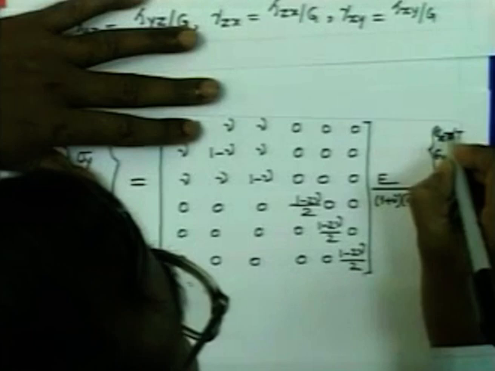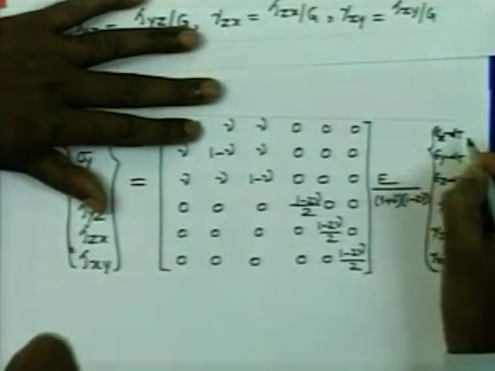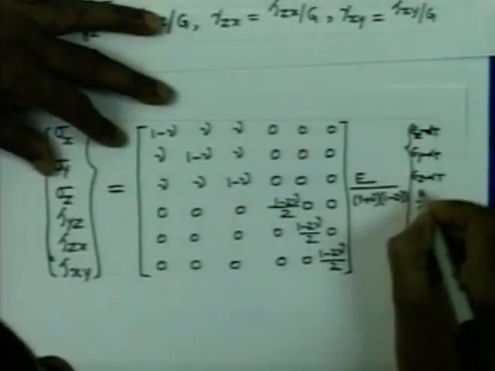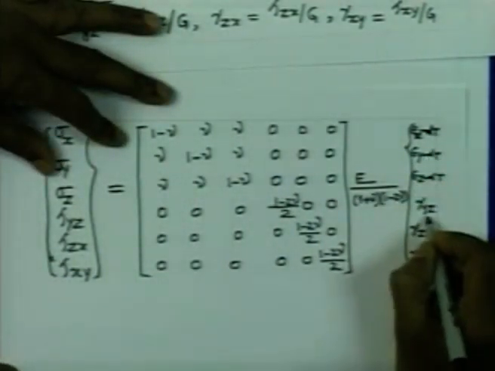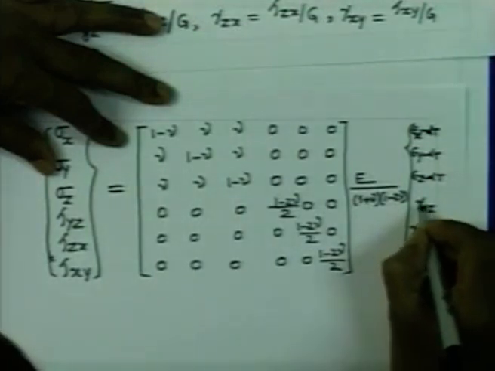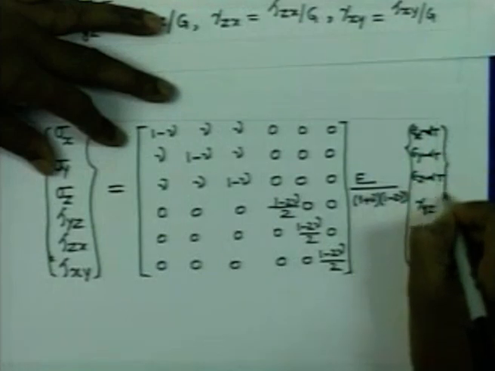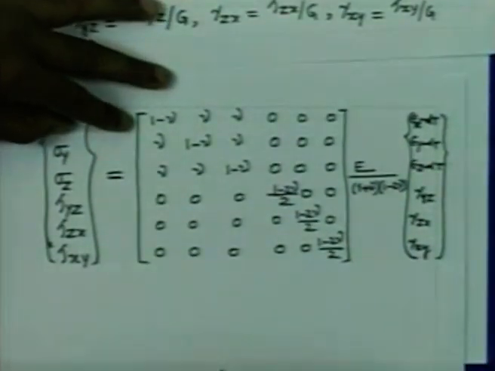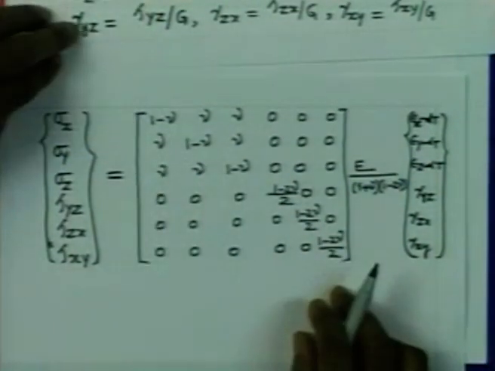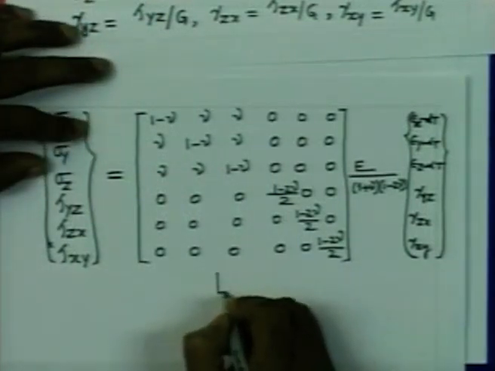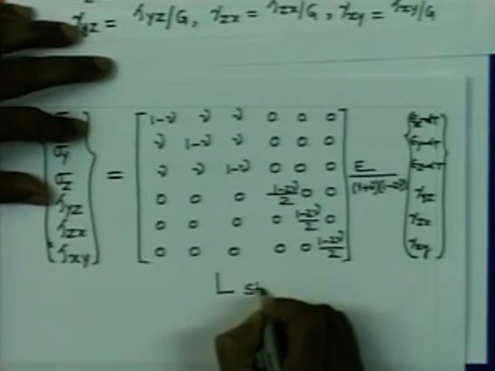So, this is the strain matrix. Again it is a 6 by 6 matrix, it is a symmetric matrix, and this matrix is known as the stiffness matrix.